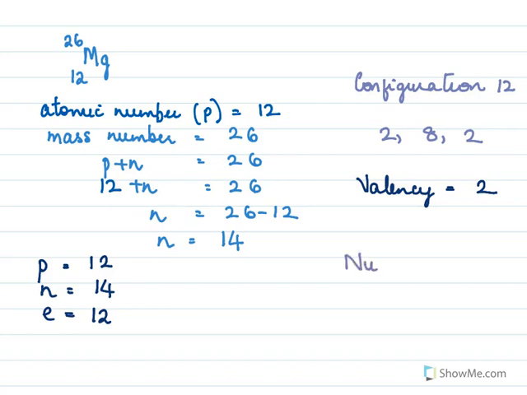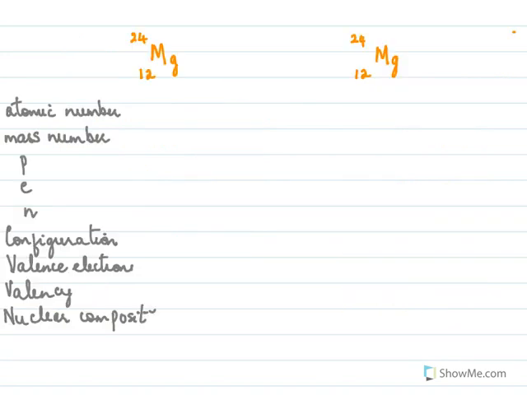Now we know in the nucleus of this atom you have protons plus neutrons. So there are 12 protons and 14 neutrons, so they'll have 26 nucleons in this atom.